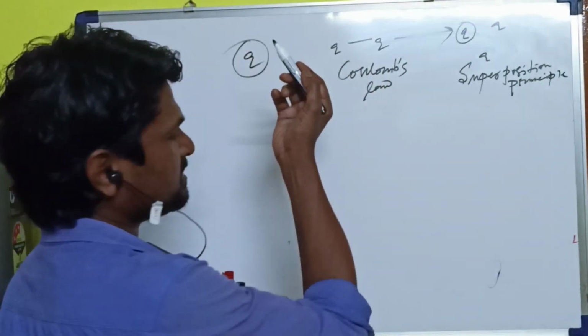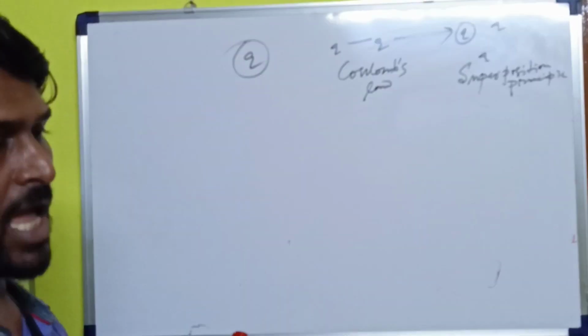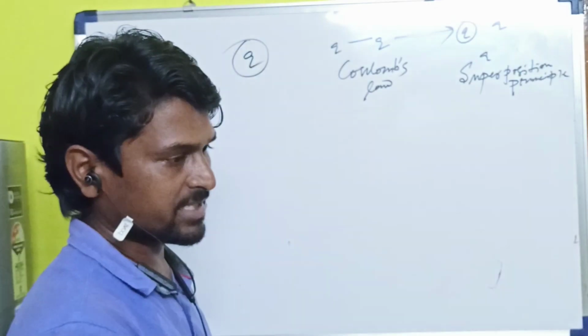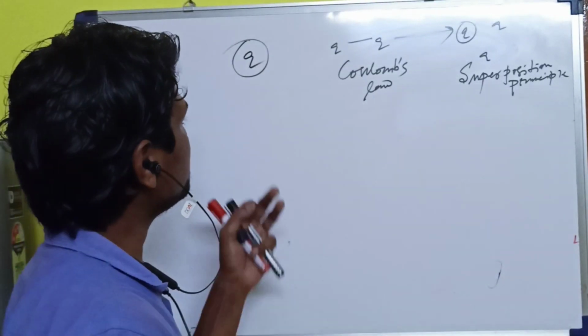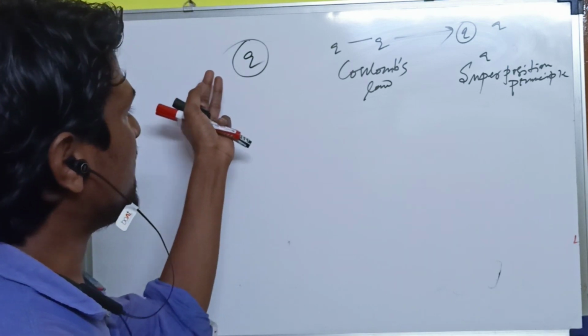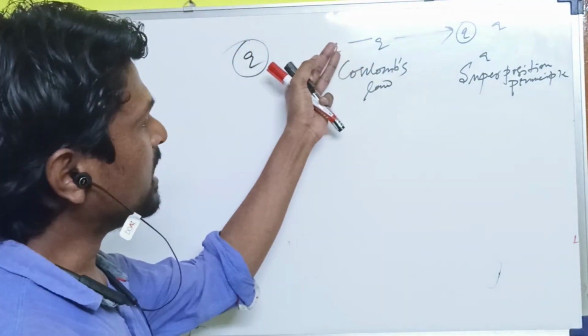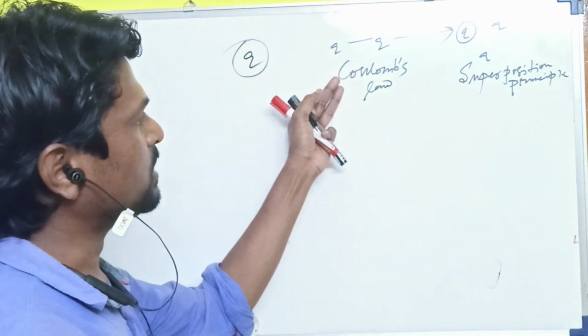So Coulomb's law is about charge: loss of charge, gain of charge, deficit of charge, excess of charge. It is all about charge. Charge can experience a force, and we can calculate these interactions with Coulomb's law.